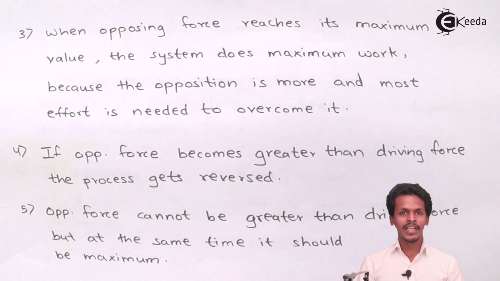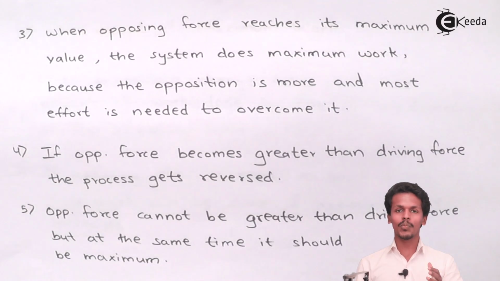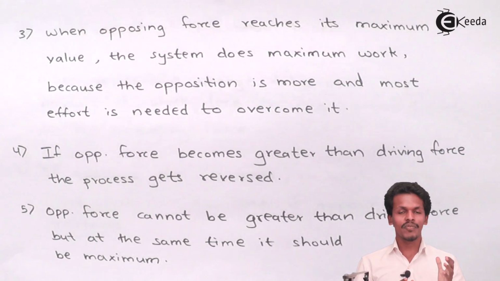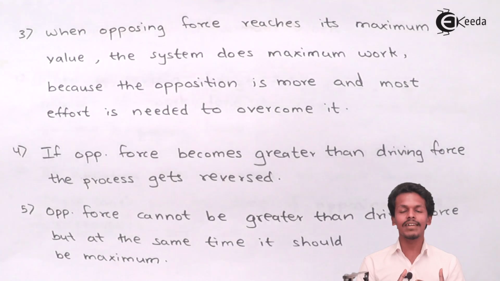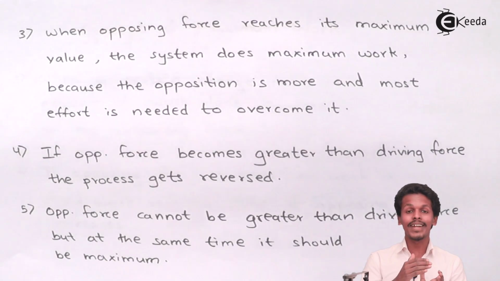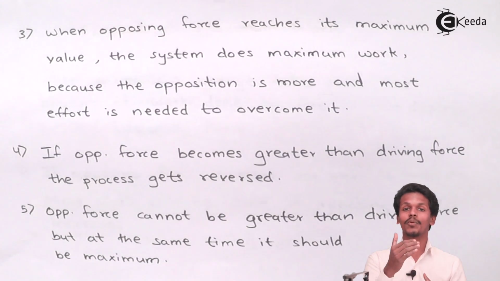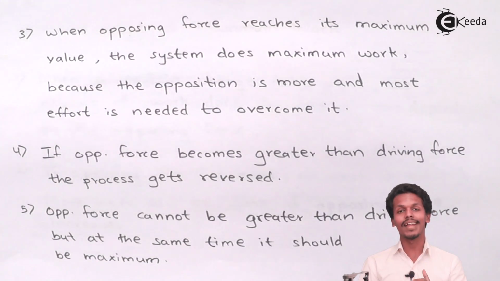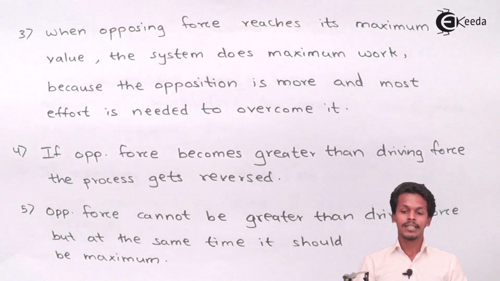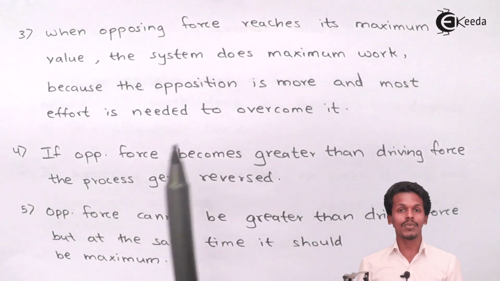If we apply more pressure to the gas, the gas will try to expand and will oppose being compressed. So the gas opposes the opposing force being applied on it, and hence the work is done.